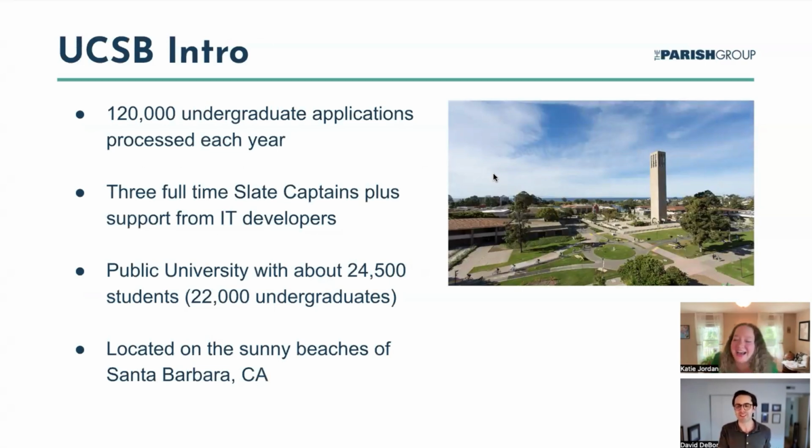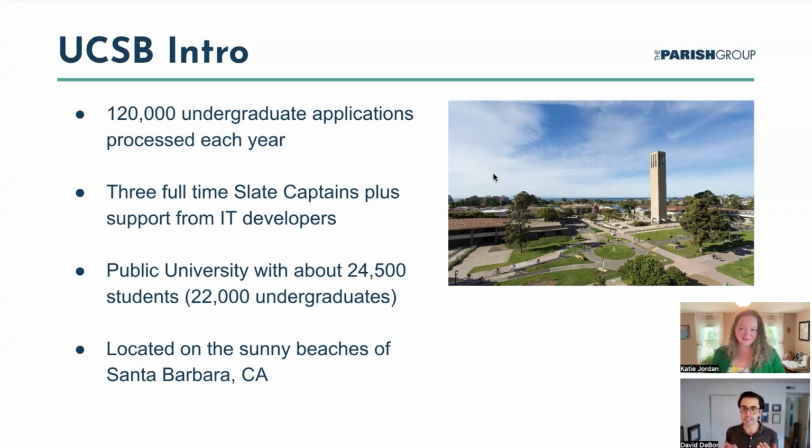Actually, before you introduce me, I'm going to give a little background on UCSB. We process about 120,000 undergraduate applications each year between freshman and transfer. We have three full-time Slate captains, plus support from our IT developers who help make sure that Slate and our campus systems are playing nicely.